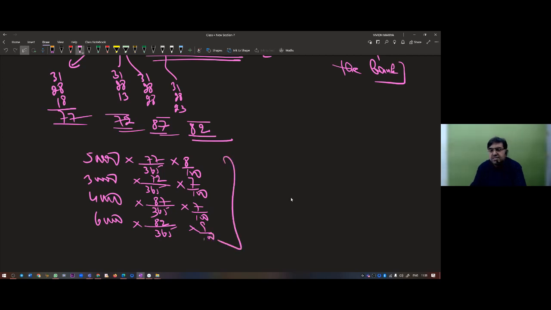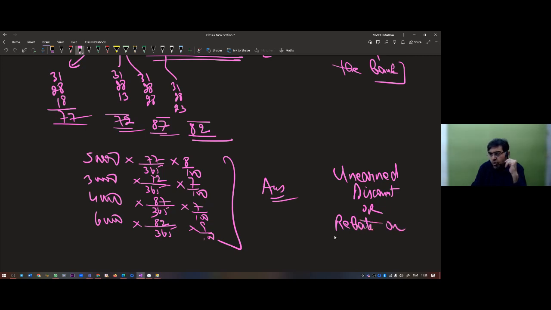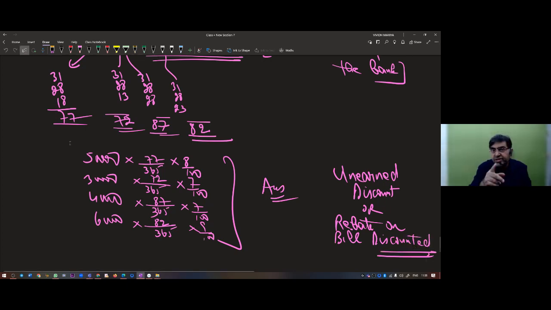This whole answer will be unearned discount. Unearned discount is also called rebate on bill discounted.